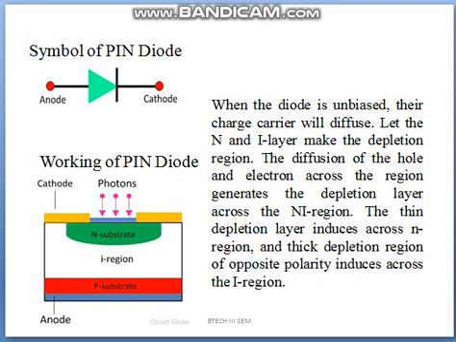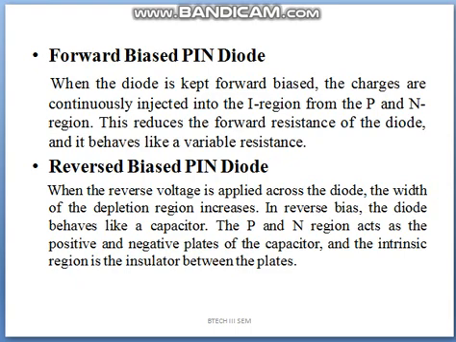When the diode is unbiased or at zero bias, the charge carriers will diffuse and the PIN diode acts as a fixed resistance. In the forward bias condition, the charges are continuously injected into the I region from the P and N regions. This reduces the forward resistance of the diode and it behaves like a variable resistance.